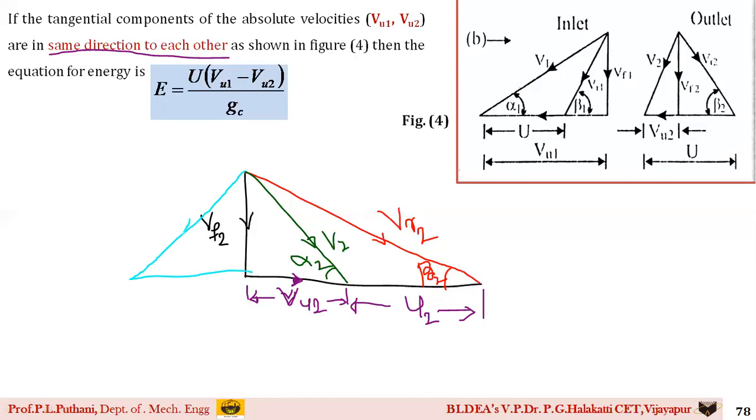Then the new V2 is like this. And here this arrow mark, if you observe, is now moving to the other side. So now please observe carefully how the nature of the graph looks.